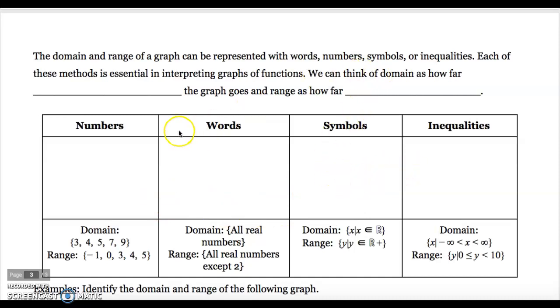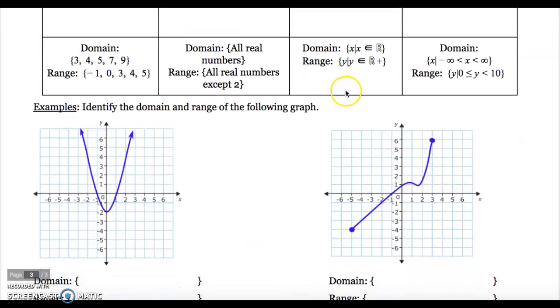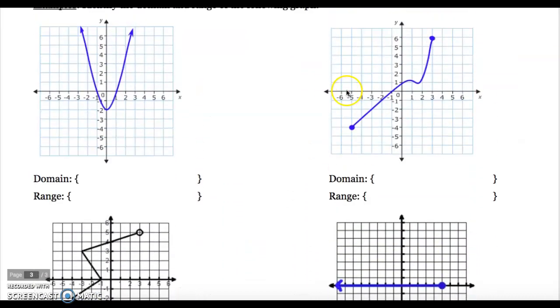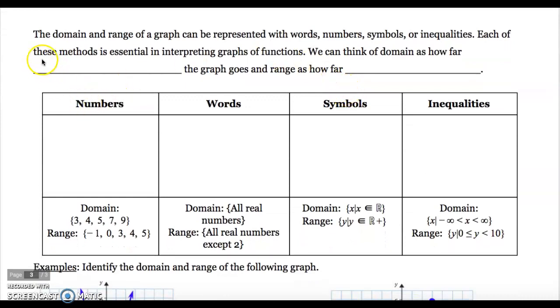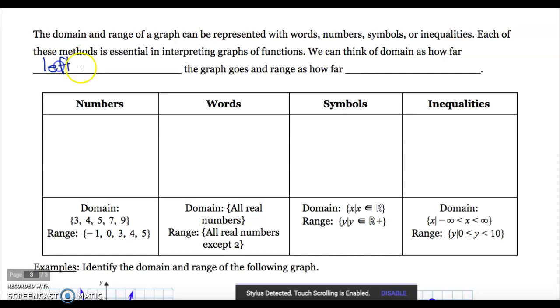So when we're looking at a graph instead of a data set, remember a data set is something that has just a list of numbers or a table or just points on a graph. When we're looking at an actual graph, such as in the examples we're going to do in a minute, you're going to think about the domain as how far left and right your graph can go.